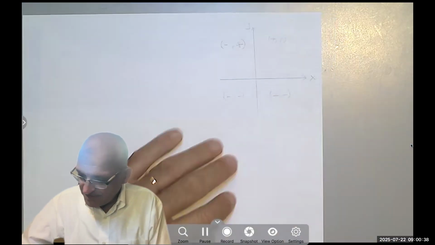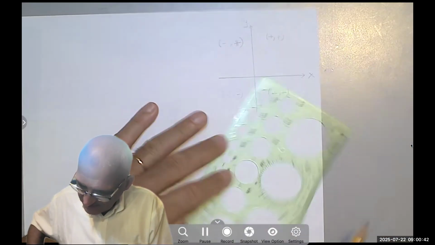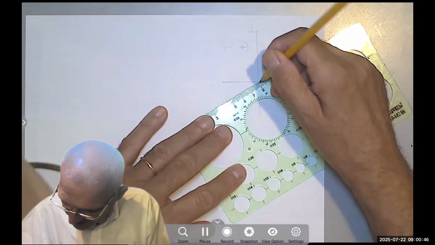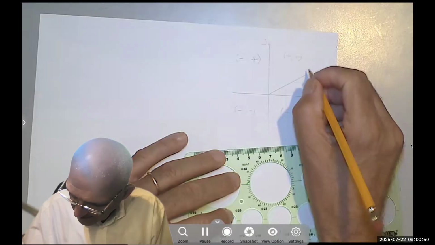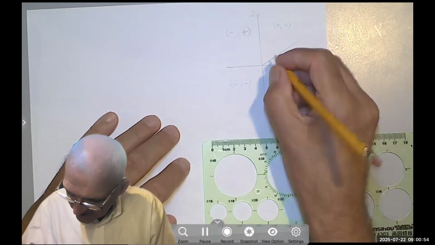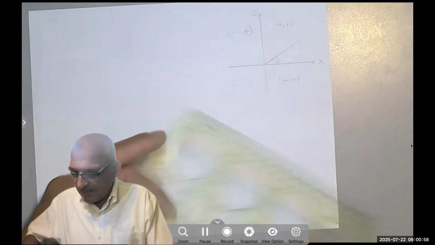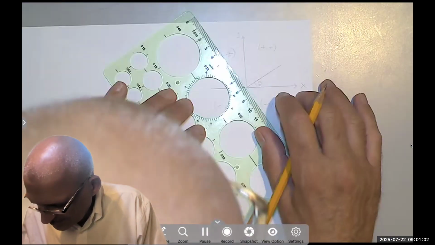The second step is to look at any line, say in the first quadrant. Let's have a line here. And let's say this angle is theta. And then I'm going to rotate it, let's say counterclockwise 90 degrees.